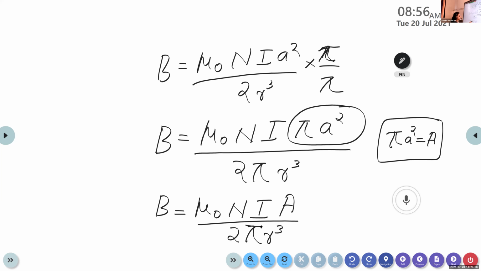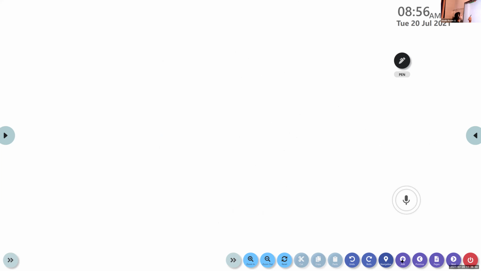Again, here we have the product of current into area. What does IA represent? Yes, M. This term IA, the product of current into area, represents the magnetic dipole moment M. So in our equation, B is equal to mu 0 n I A divided by 2 r cube.